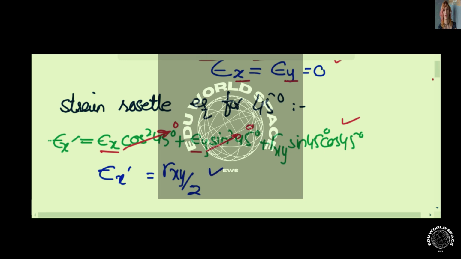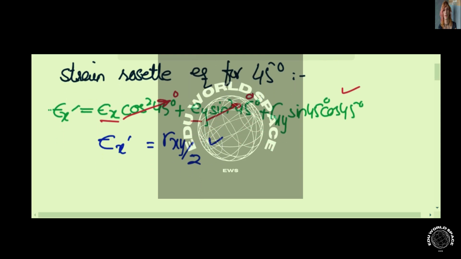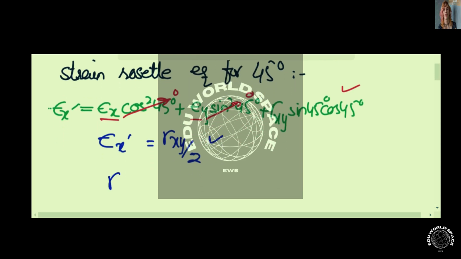Now we are going to rearrange it, and when we rearrange it we get that gamma sub xy is equal to 2 times the strain along the x dash axis, right? We have the value, just substitute, then we get that it is equal to 160 times 10 raised to the power negative 6, right?